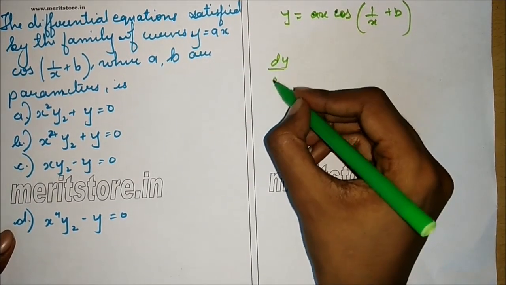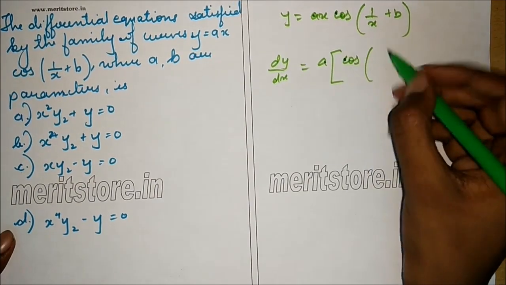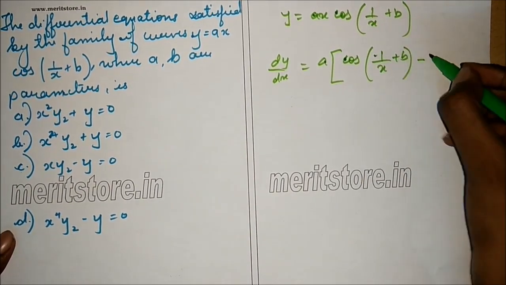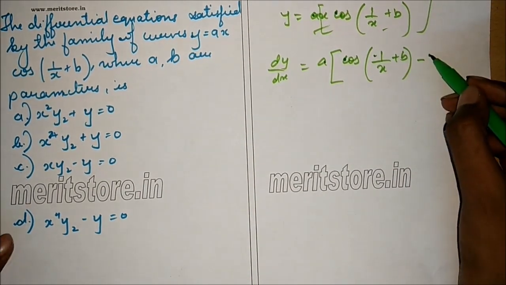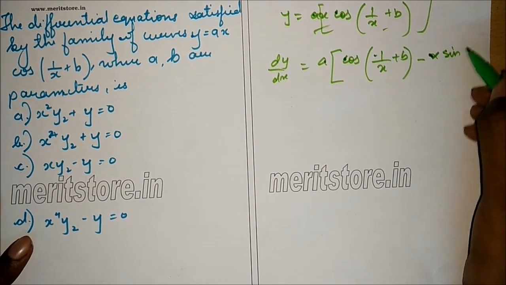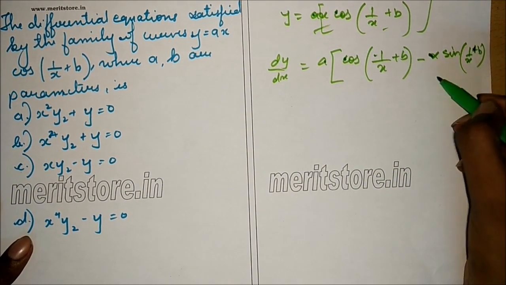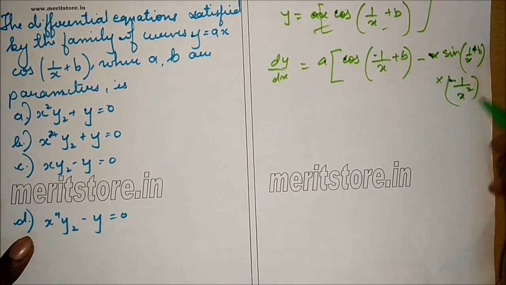So dy by dx will be equal to a into, since a is a constant, cos of 1 by x plus b, minus, using the u into v rule, x sine of 1 by x plus b into the derivative of 1 by x, that is minus 1 by x square.